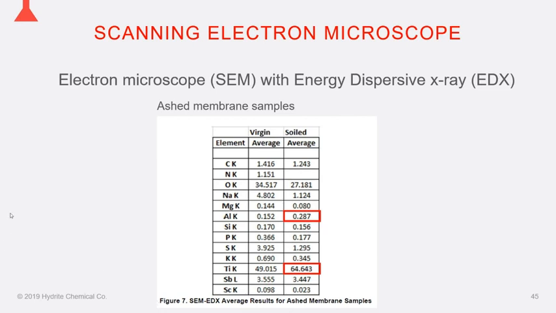So as you can see here, we've got a virgin membrane compared to a soiled one. And by looking at what that dispersive X-ray scattering is and how it's different, we can sort of see what might compose the foulant in that dirty membrane based on what's there in the second one that's not there in the first.